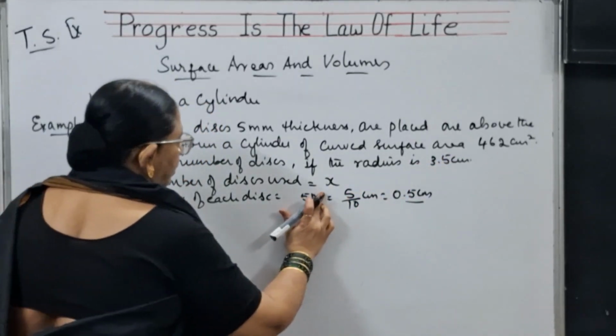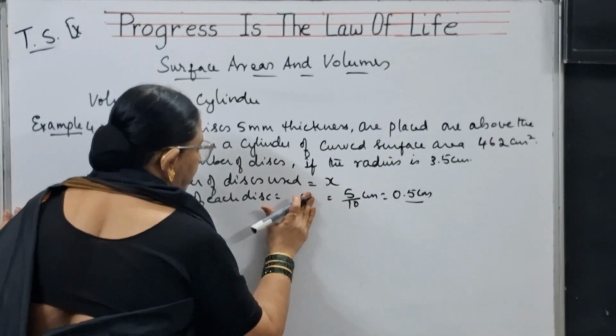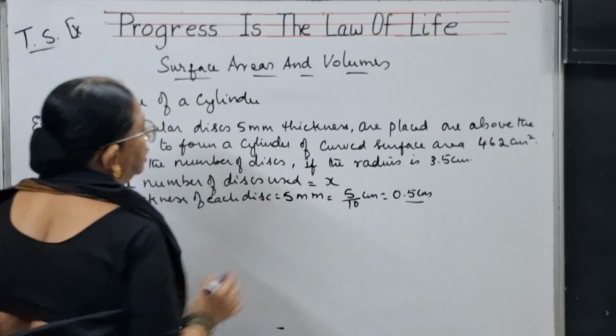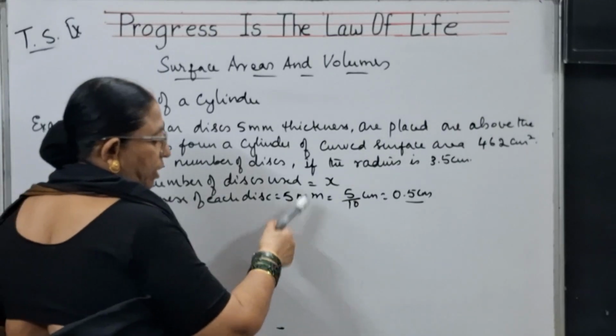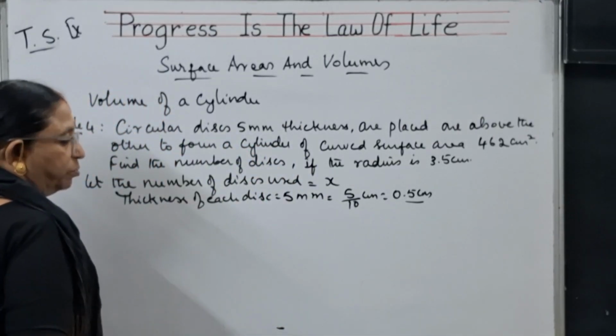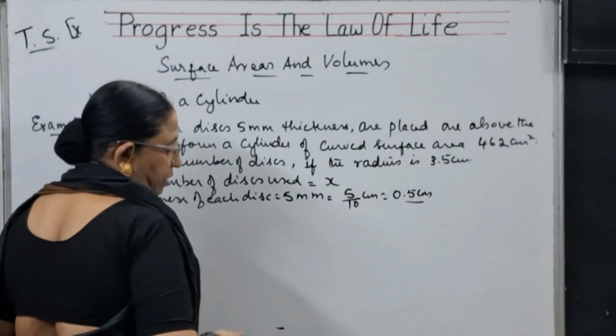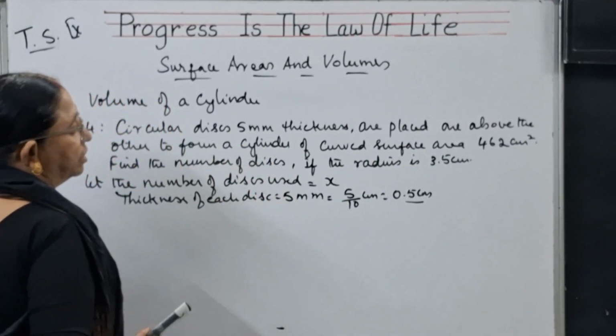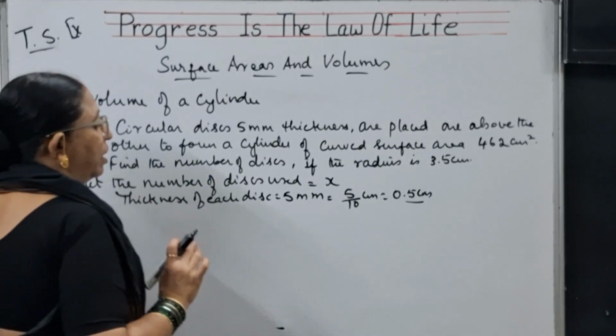Only this is in mm. I'll write again, children. 5 millimeters they have given. Converted into centimeters it is 5 by 10, because we know that 10 millimeters make 1 centimeter. So we divide it by 10, that is 0.5 centimeters I have got.